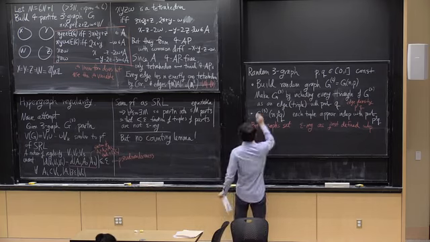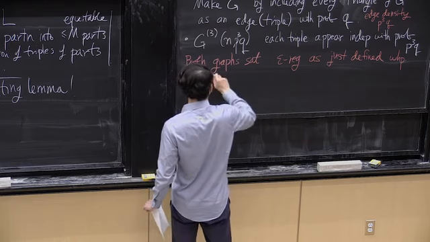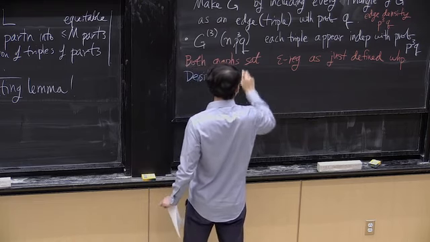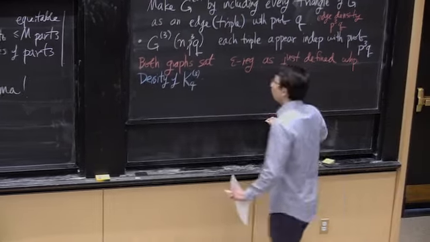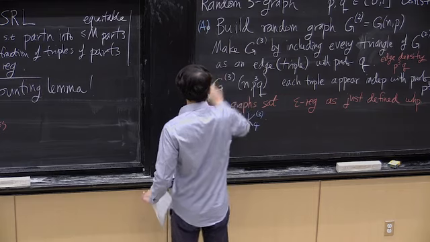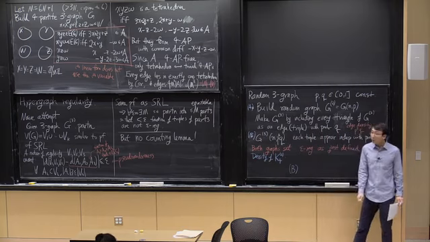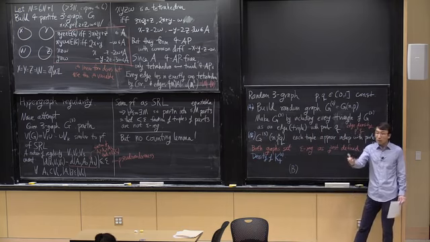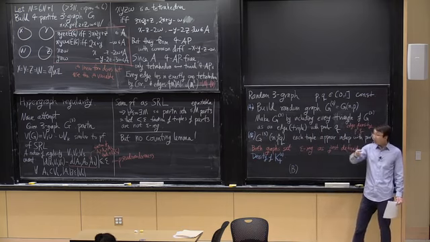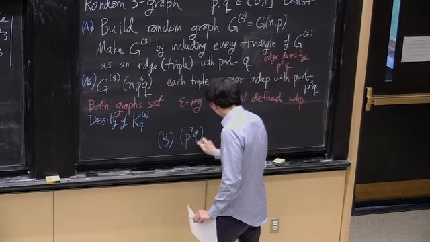So the density of tetrahedra in the first case, okay, actually, let's do the second case first. In B, okay, so what's the density of tetrahedra? So if I have 4 vertices, each of those edges appear uniformly at random, independently, so the density of tetrahedra is just the edge density raised to the power of 4.